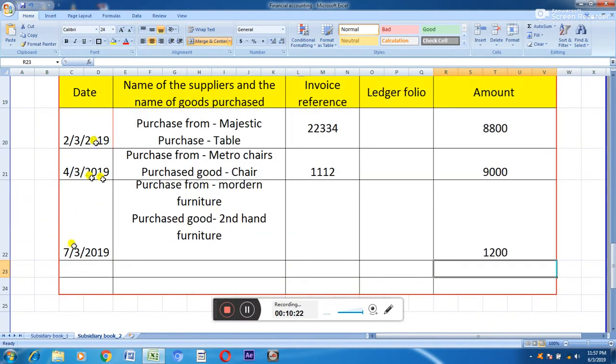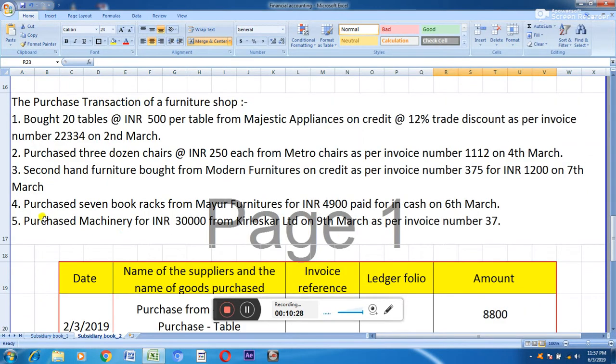So in the format, I have not written this transaction in the purchase day book. I am again repeating, we are purchasing book racks which is resellable. One condition is meeting, but other one is not meeting because 4,900 cash has been paid. It is not a credit sale.